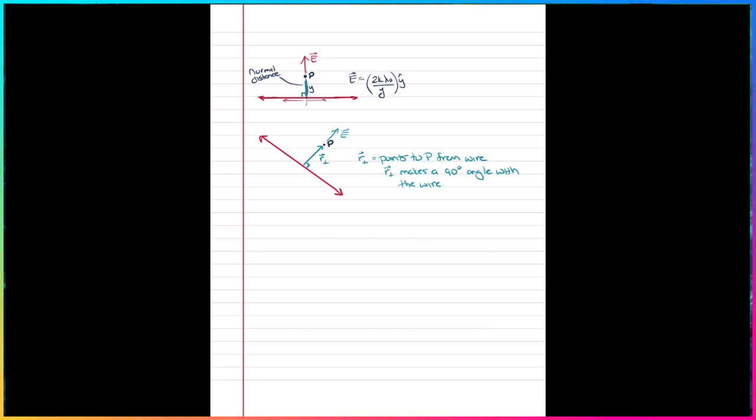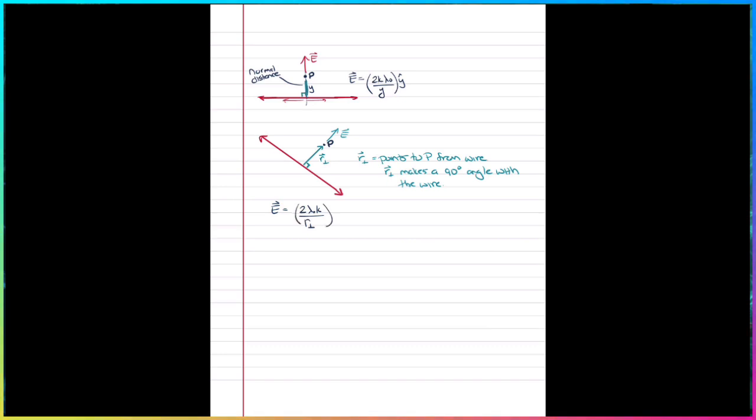So essentially, the general form is I can write E, let me not do it as a vector, but as components, as 2 lambda naught K over R perp, because it's just whatever that distance is between the wire and the point P.